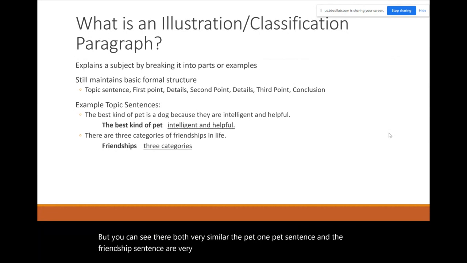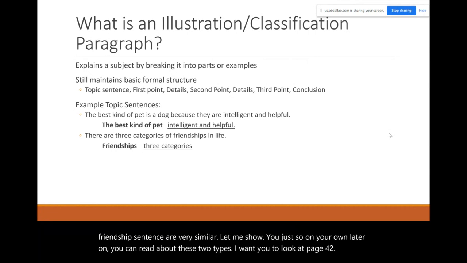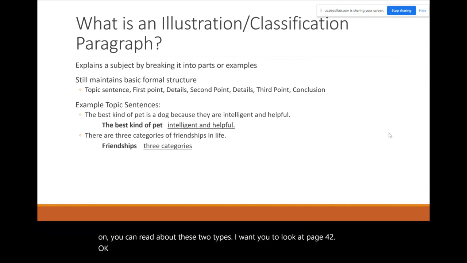Let me show you, just so on your own later on you can read about these 2 types. I want you to look at page 42, because later you need to go back and read this and catch the idea. Page 42 gives you information about the illustration paragraph.